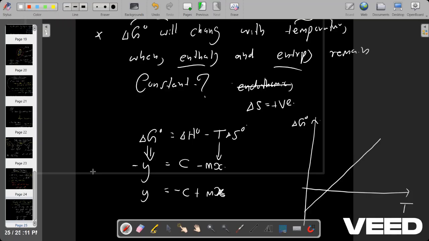Endothermic reactions with positive delta S are always what? Endothermic.